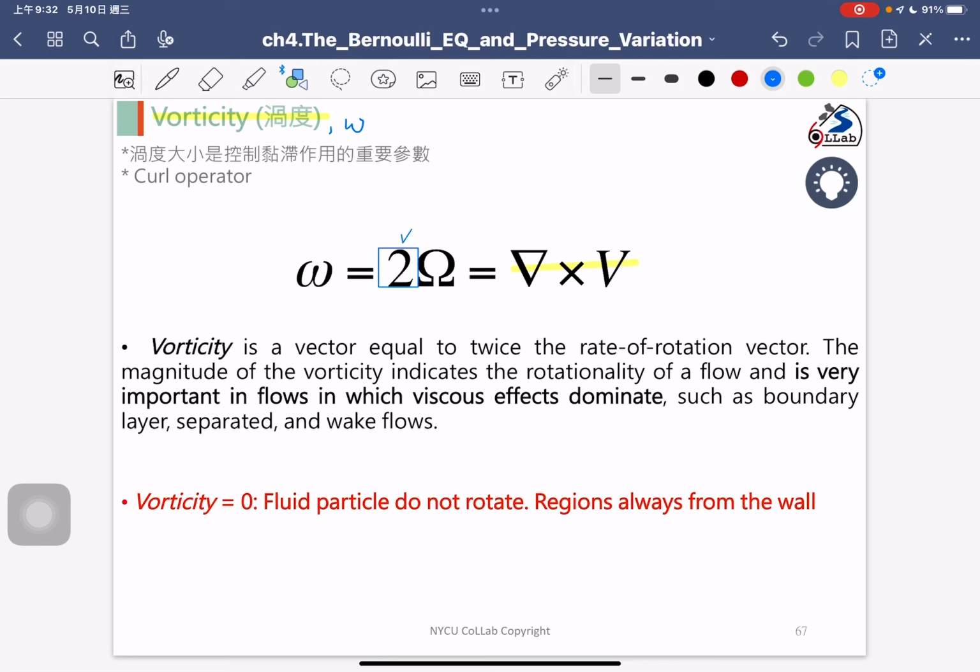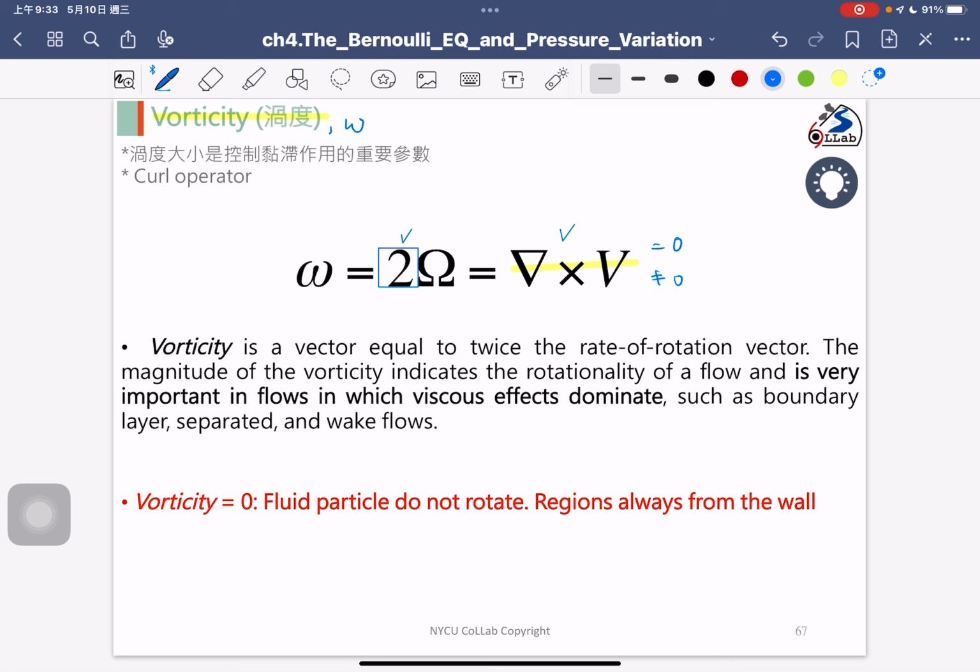We want to normalize the constant factor 1/2 to be 1. So in the future, if we want to identify whether the flow is rotational or not, you can directly compute the gradient crossed with the velocity vector, and then see whether it equals 0 or not.